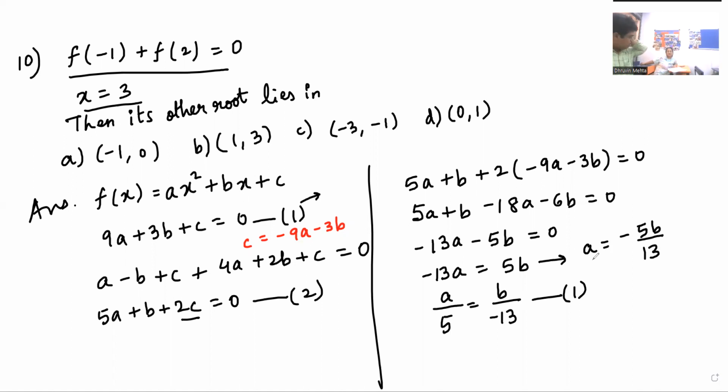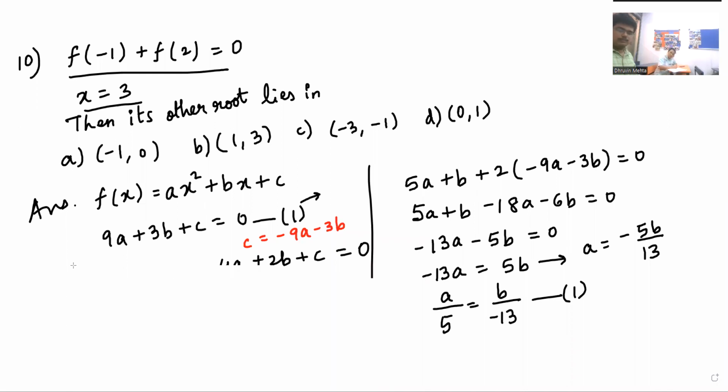We can substitute this and you will get c. So c is minus 9 into minus 5b by 13 minus 3b.